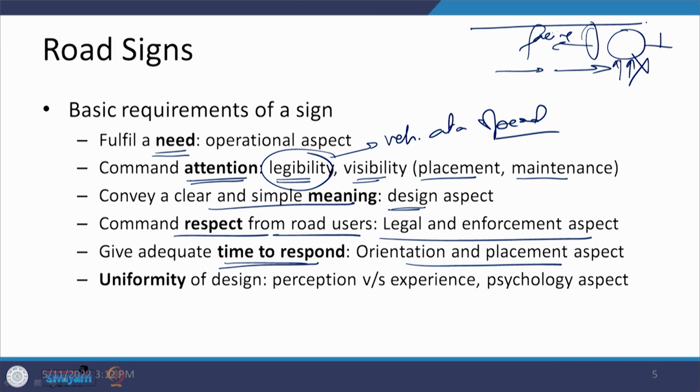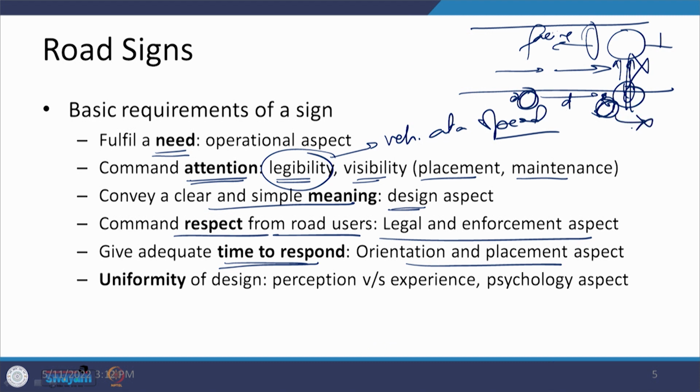Now, this orientation and placement also has one aspect, that there is a situation which is happening here. So, you have a road and there is some situation at this particular point and you have provided a sign here. So, a sign is being provided somewhere here like this, or a sign is being provided at this location which is at a distance d, which is going to be right.